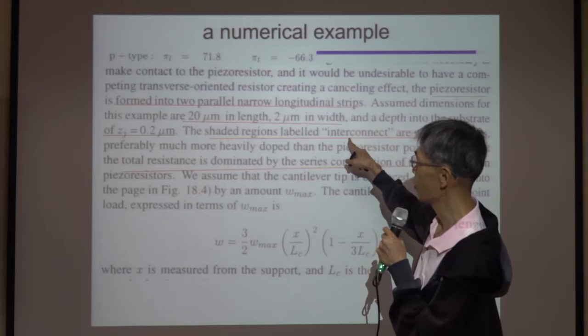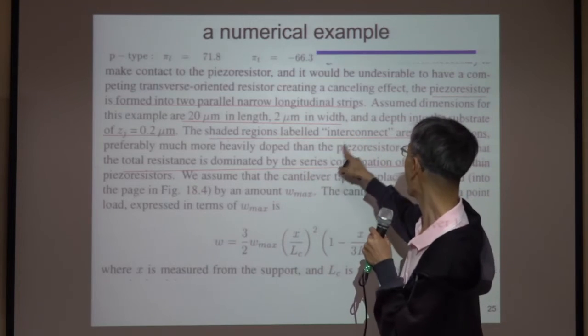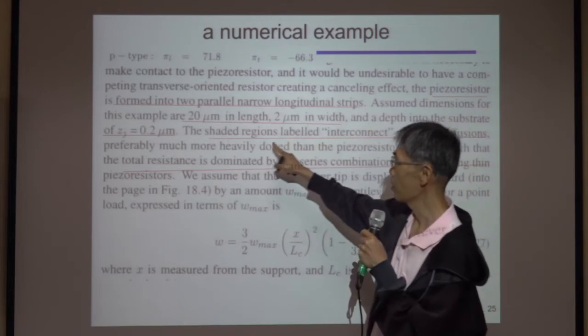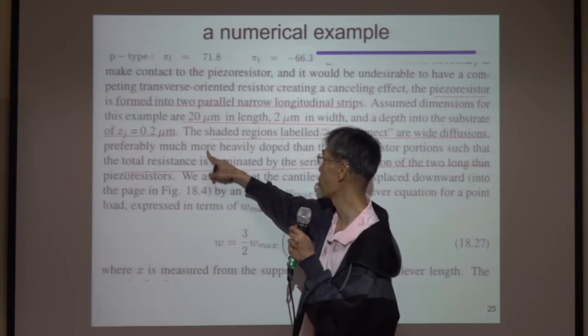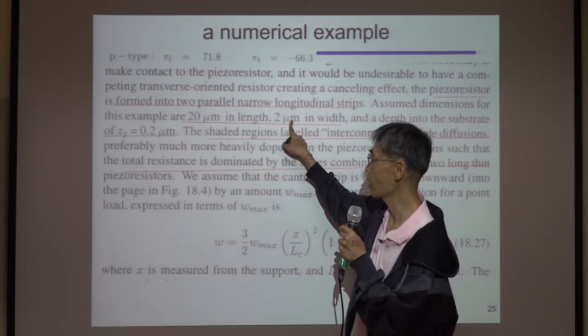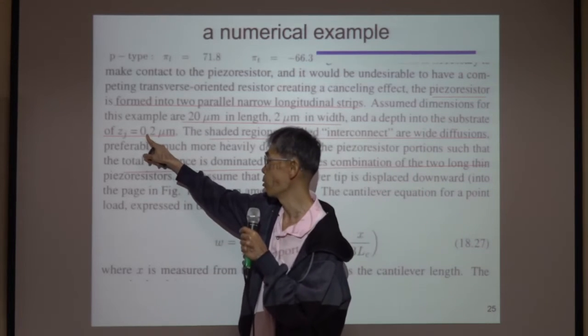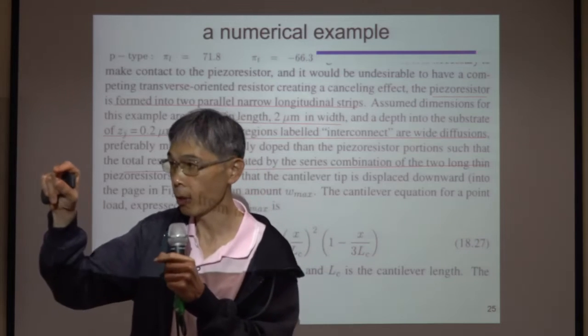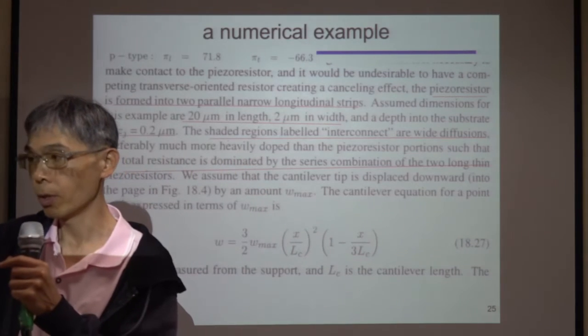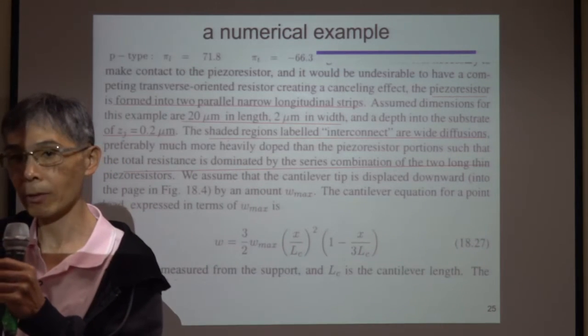Okay, so the piezoresistor length is 20 micro, width 2 micro, thickness 0.2 micro. See, the piezoresistor thickness is only 0.2, but the whole beam thickness is 5 micro.